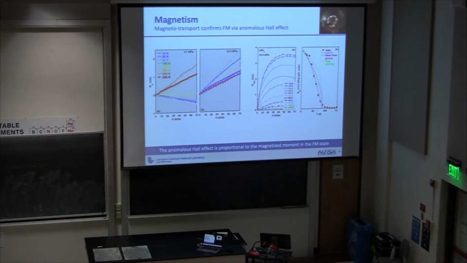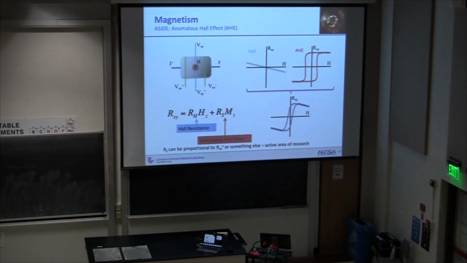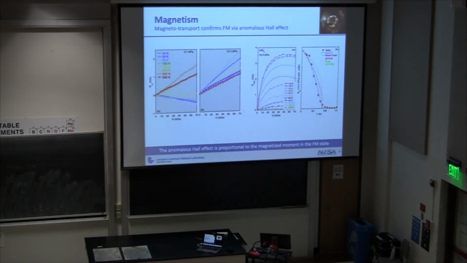You can plot this up over here. What we do is take off the linear term at high field, so all we're left with is the anomalous Hall term. All we've done is subtract that term off of the measured data. You can plot this as a function of temperature, and as you cool down, you are generating this extra anomalous Hall term, and it looks like an order parameter.